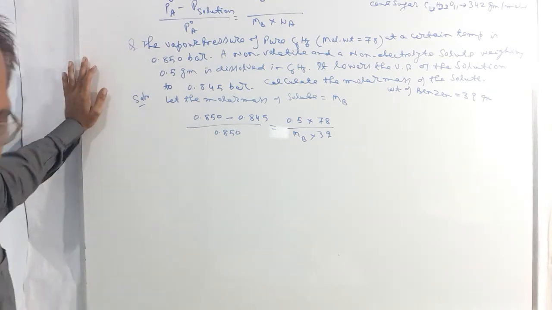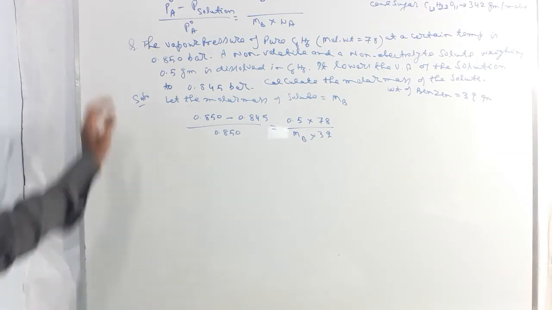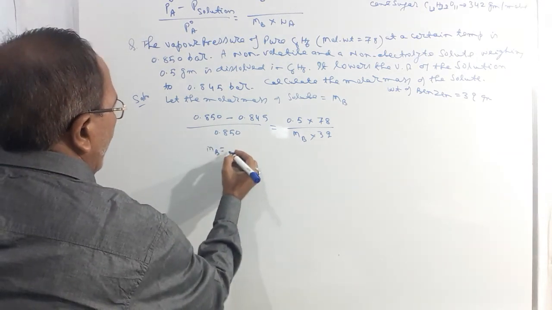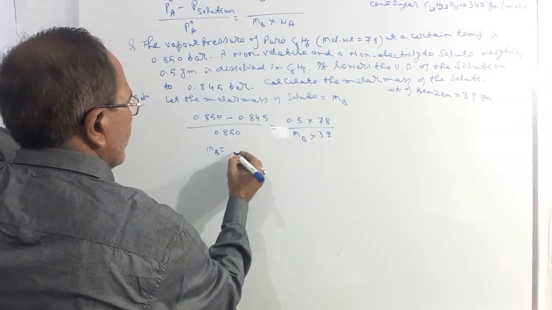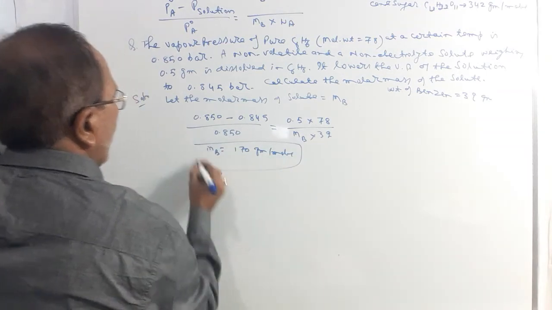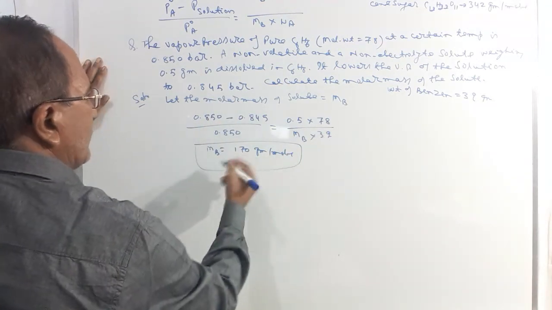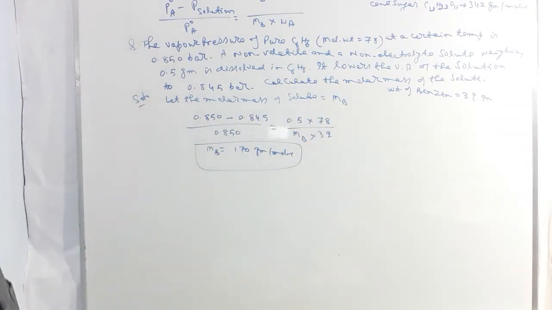This is 39 gram. कैलकुलेट करेंगे तो एमबी होगा 170 ग्राम पर मोल अप्रोक्सीमेट.